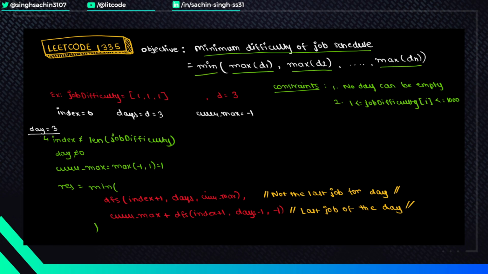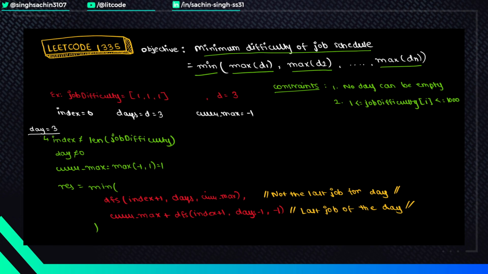So we took the min, the minimum of the difficulties on each day. There were two constraints. We cannot have any day without doing any job, and if you scroll down in the problem statement, you can see that job difficulty can be from 1 to 1000.